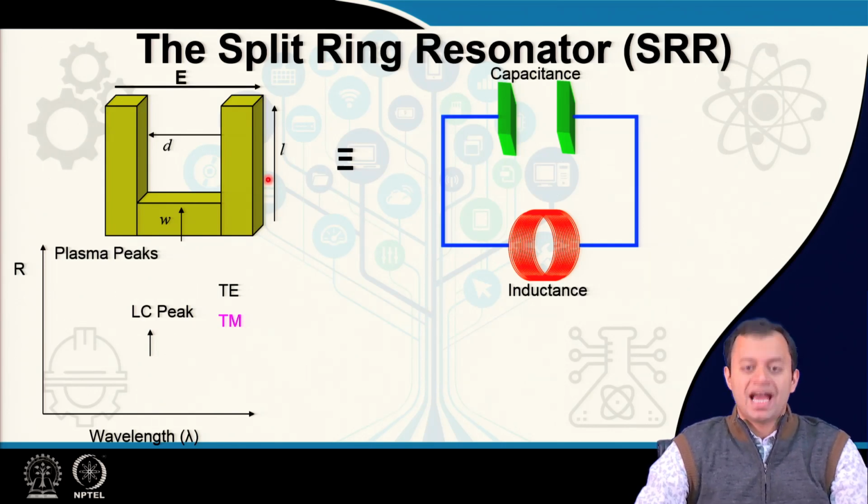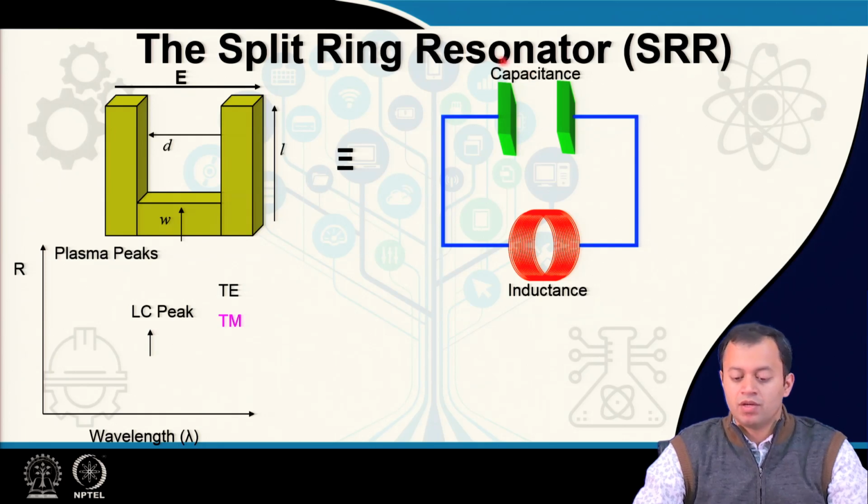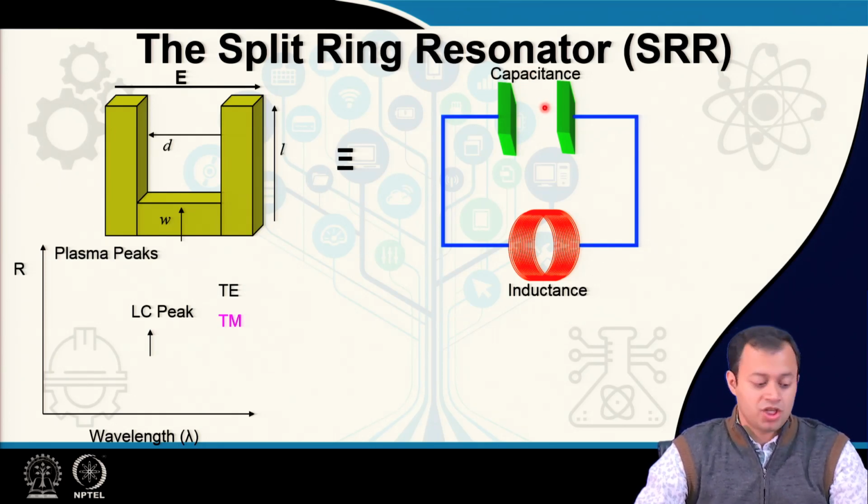If you shine polarized light with an electric field across the gap, across the capacitor, what happens? Well, electronics or electrical engineers will tell you that when you have an electric field across the capacitor, there is obviously charging, and if there is charging, there will be discharging. If there is discharging and if this medium is conducting, these are usually metal structures, metallic loops.